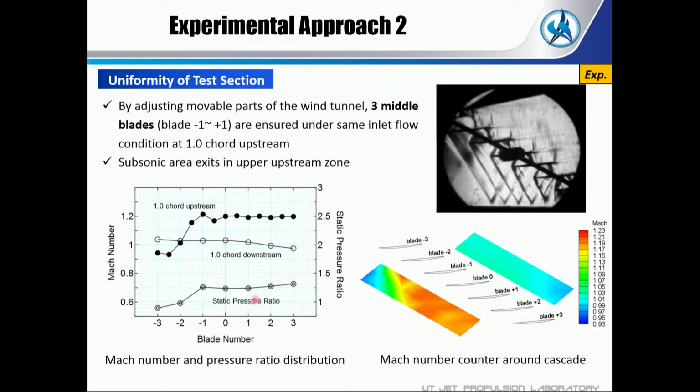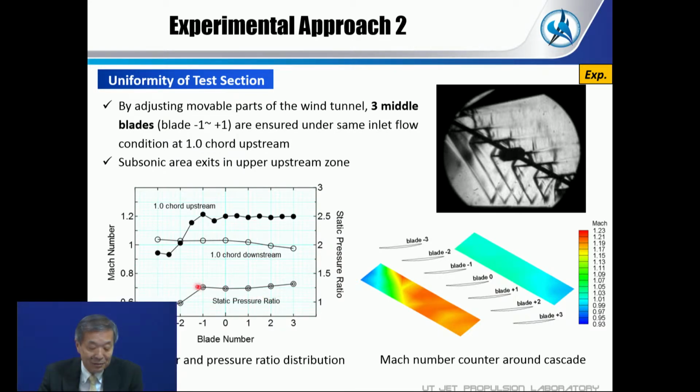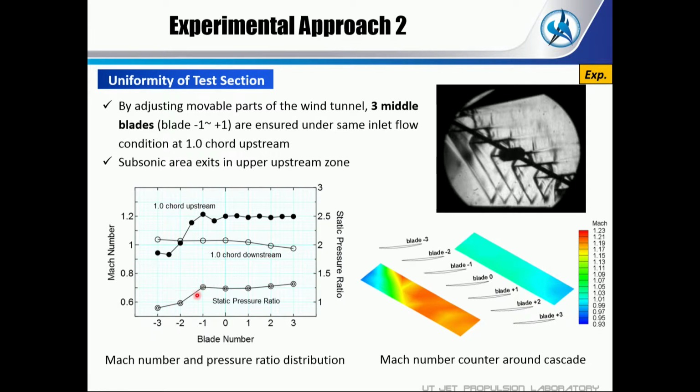So this is the static pressure ratio between upstream and downstream, and we need to have a flat distribution. But minus 2, minus 3 is not good. We can get the uniformity from minus 1 to 3, so we use only these 3 blades, 3 channels for the experiment. But hopefully we need to get a flatter distribution here also.